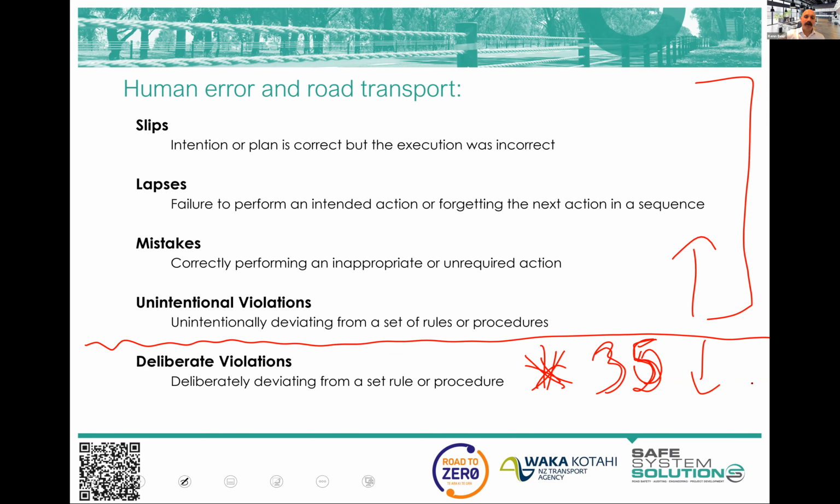Now, we need to do a very different look at our system for these, and I'm doing some interesting work with Austroads over the last year with colleagues around the deliberate violators, which is actually a social challenge. The headline outcome is people drive the way they live.